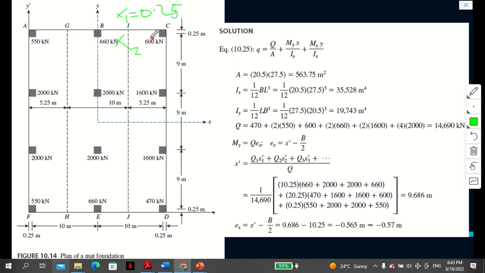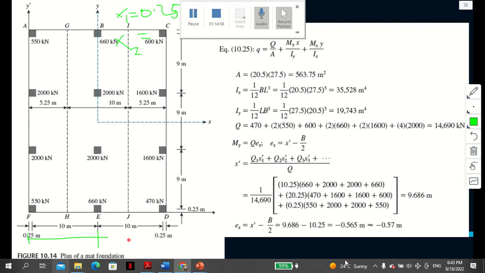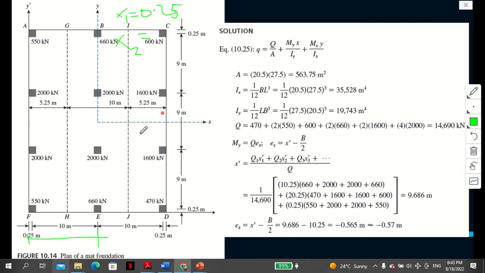We are talking about columns in this row. x2 is from the edge to this. Anyone? It's obvious. Yes, 10.25.